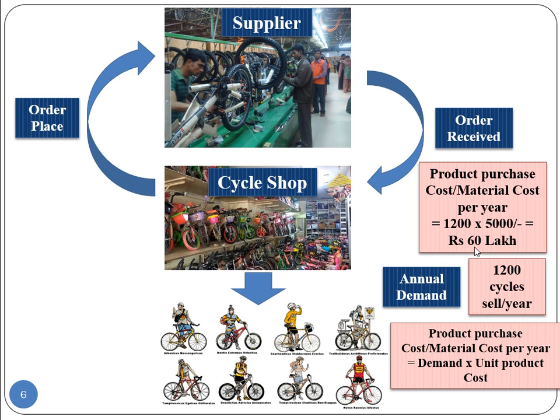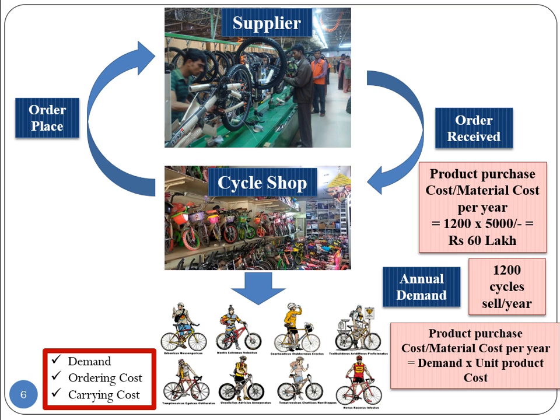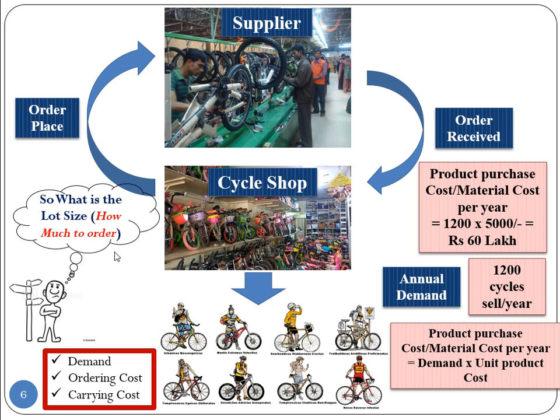Again, these three things are not in our control. In our control, the cycle shop owner can only control the number of units placed in a lot. So this is how the cycle shop is thinking to reduce the inventory.